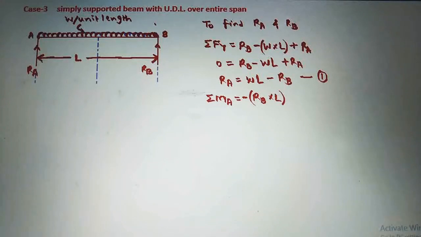Next we will take the moment of this U.D.L. So the magnitude of the moment will be, see here, from A we have to take the moment of U.D.L. So magnitude of force will be W into L, now into the perpendicular distance.